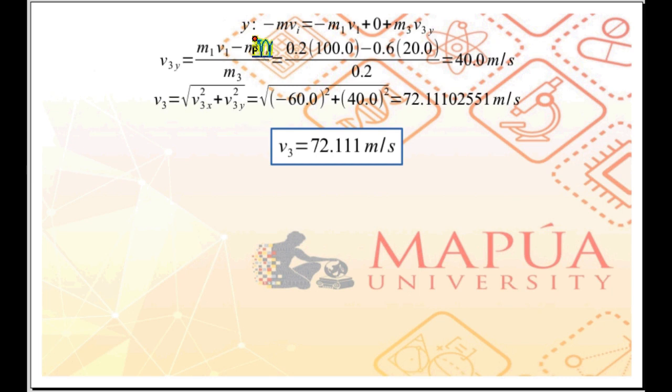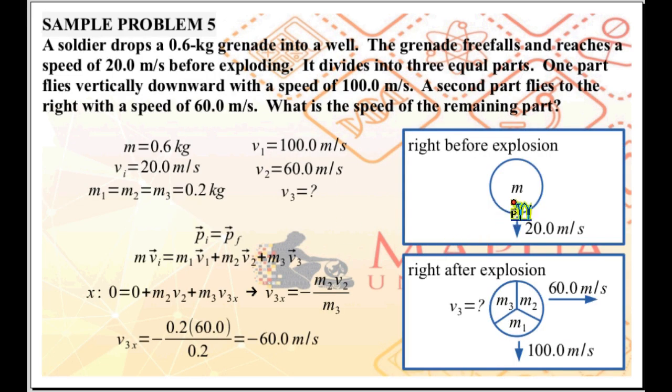Going now to the y component. Using the y component, we have minus m v initial, because the grenade is heading vertically downward, in the negative direction.